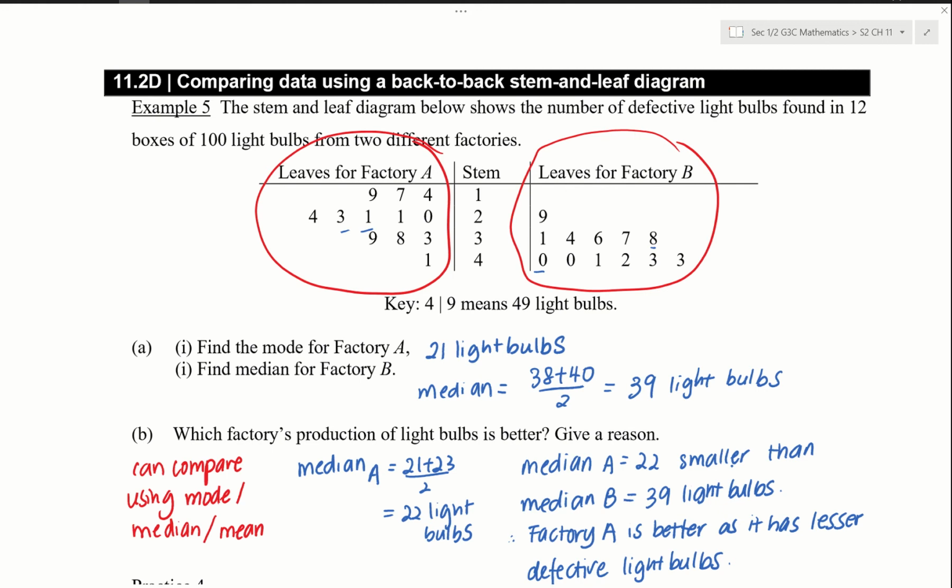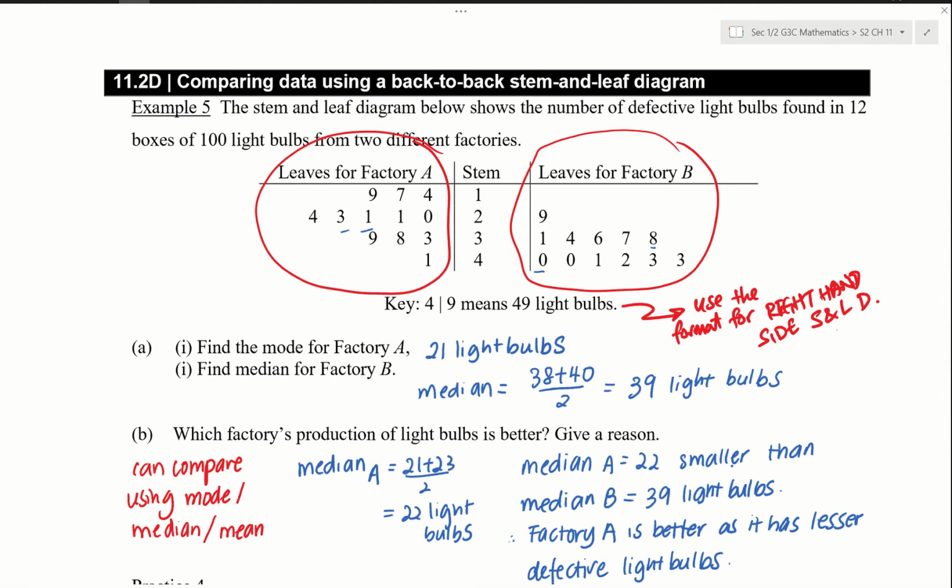Okay, and in your key, use the right hand side format for stem and leaf diagram, which is what you have always been doing.